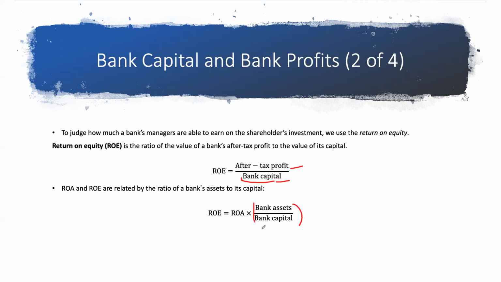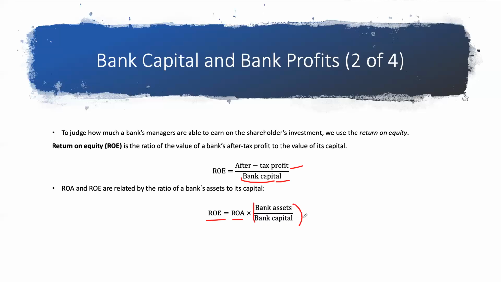If this ratio is very high, a small change in return on assets gets magnified by whatever this ratio is. So suppose bank assets to bank capital is 10, and the return on assets is 2%, then 2% times 10 is 20%. So the return on shareholder equity is 20%. But if this ratio is 20, then the same return on assets of 2% is now magnified 20-fold. So the return on equity is 40%.